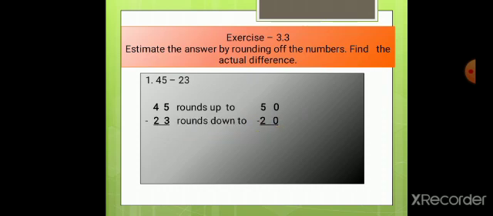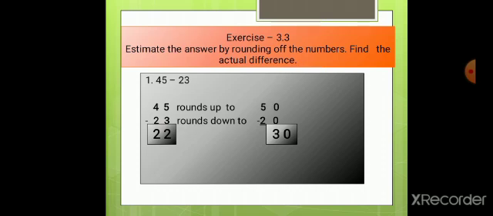We have all done this, when we have to round up and when we have to round down. Okay, so now to find the estimated difference, you are going to subtract these both. To find the actual difference, you will subtract the original numbers. Okay, so the estimated difference is 30 and the actual difference is 22.